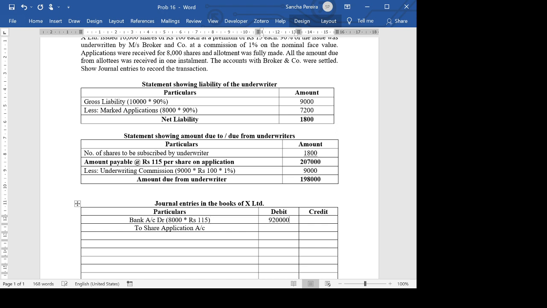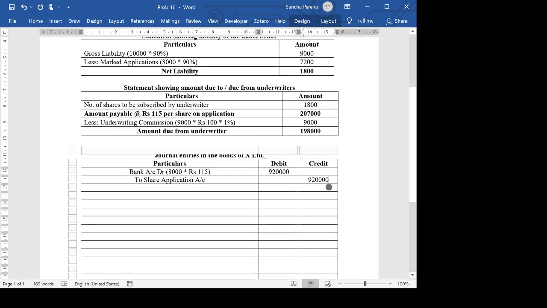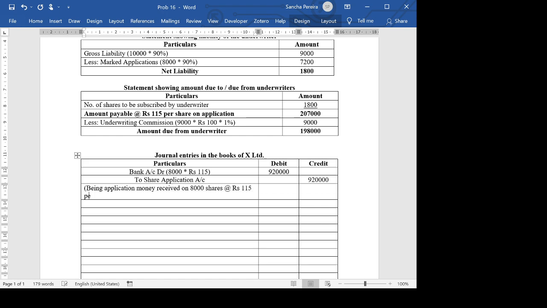Okay, this is the same thing that we usually do. Being application money received on 8,000 shares at the rate of rupees 115 per share.